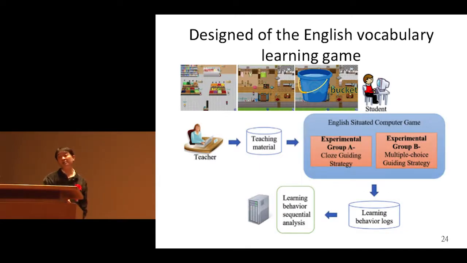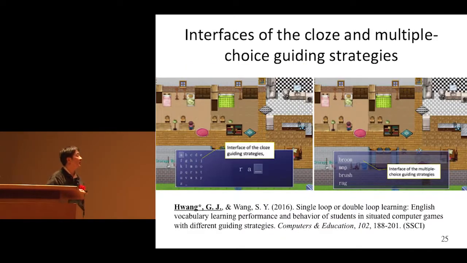And this is an example of educational computer games. This is an English vocabulary learning game. In this game, we try to investigate whether different user interfaces would affect student learning performance or behavior pattern.